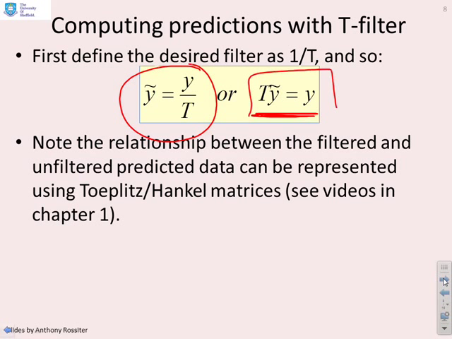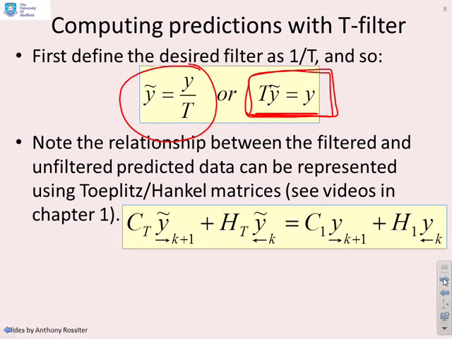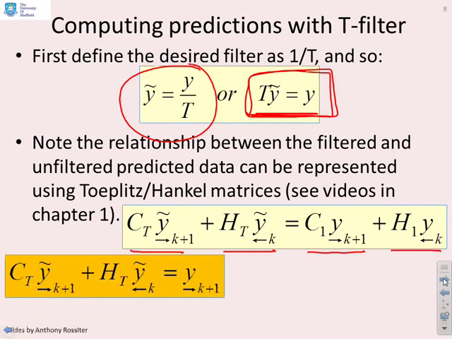So I'm going to use this expression here, and I'm going to say, can I form a relationship between the future values? And this is it. You see, I get Ct y tilde future plus Ht y tilde past equals C1 y future plus H1 y past. So that's what was covered in the first chapter on prediction. Now, it's interesting to note that this C1 is just an identity matrix and this H1 is just 0.